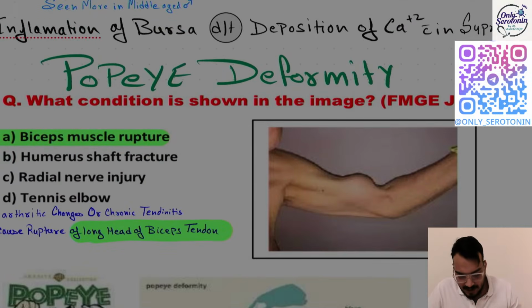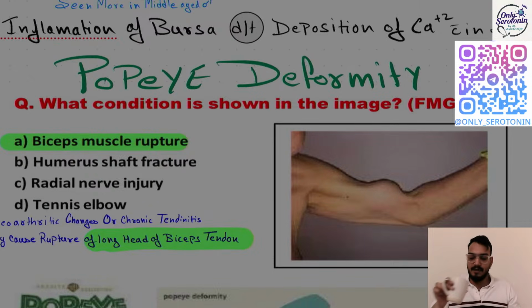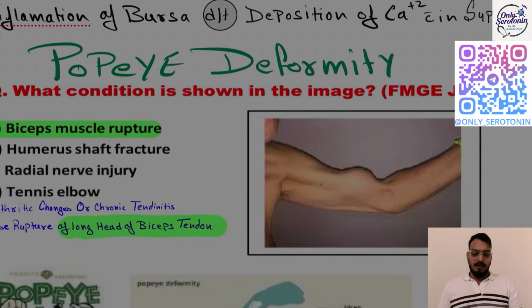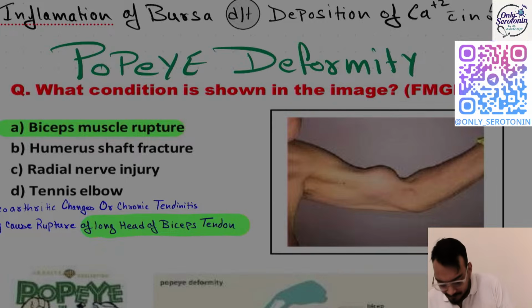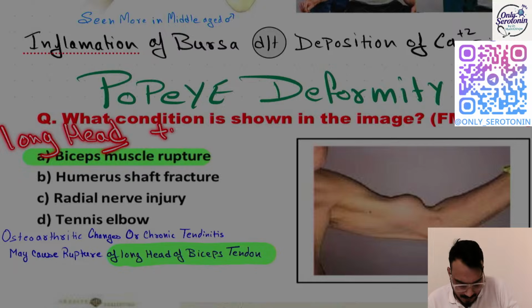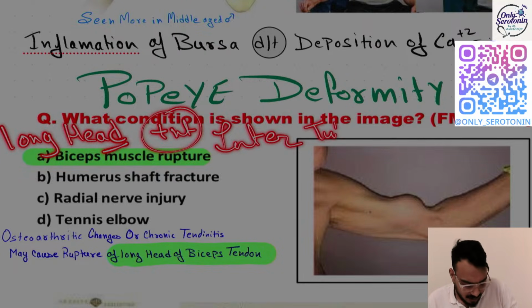See, Popeye deformity. Popeye deformity is what, guys? It is the rupture of the long head of the biceps muscle, which is present where, guys? Which is present in your intertubercular sulcus.